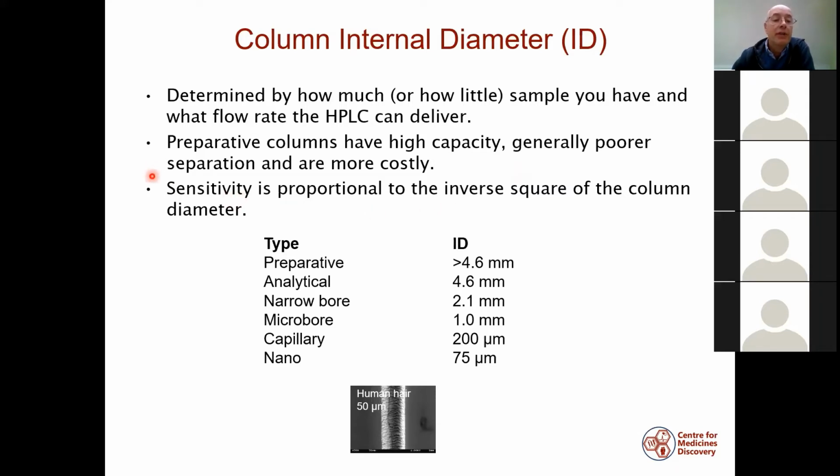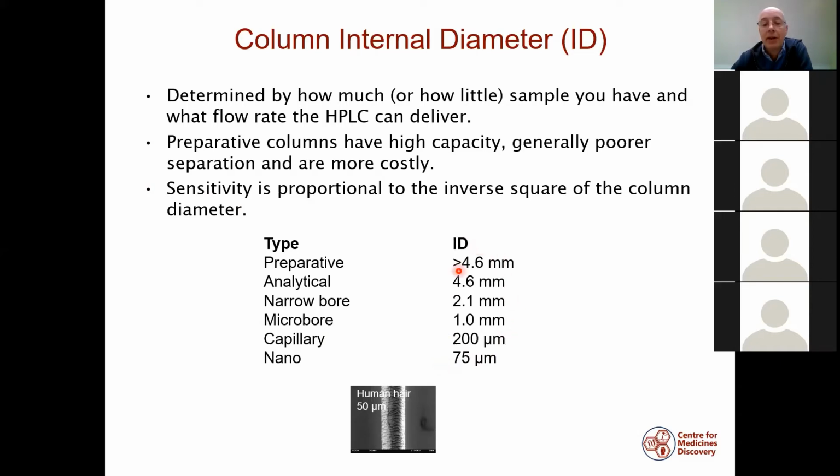It's important to understand this point, that the sensitivity of any HPLC column is proportional to the inverse square of the column diameter. And I've shown you here some typical column diameters. This is a preparative system. Typically, people will use nanobore. For mass spec, it's more normal to use capillary or a nano system.